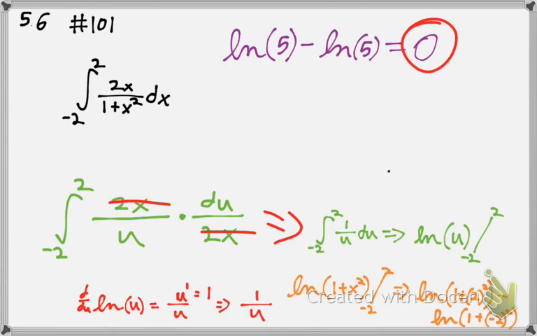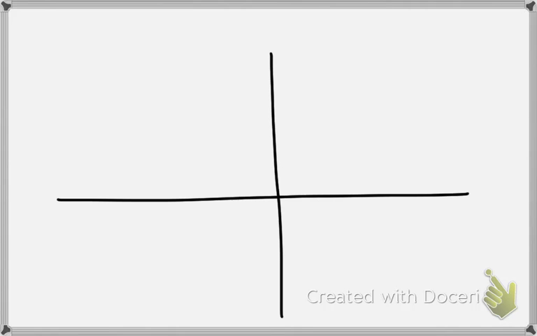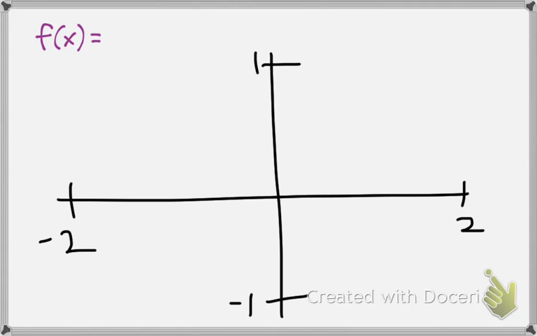And let's try to visualize this, okay? So this is essentially what we were asked for. From -2 to 2, this is 1, this is -1. And so we're going to graph this function f of x is equal to 2x over 1 plus x squared.